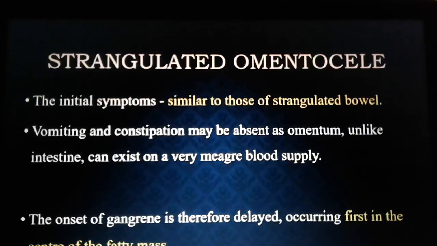This abscess will involve the scrotum if the content is omentum. But sometimes it may involve the peritoneal cavity also. Meaning, if the movement is towards the scrotal area, it will lead to a scrotal abscess. But the other way around, if it is going towards the inguinal ring, the infection will lead to peritonitis, with the features of peritonitis.